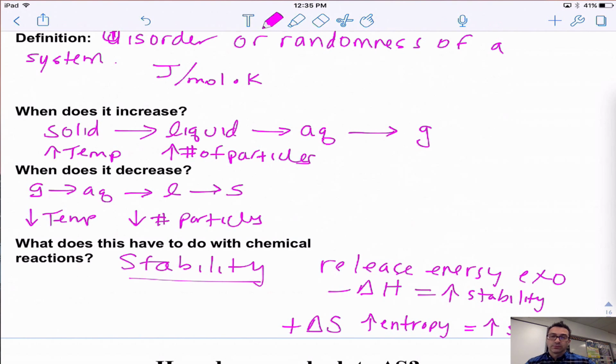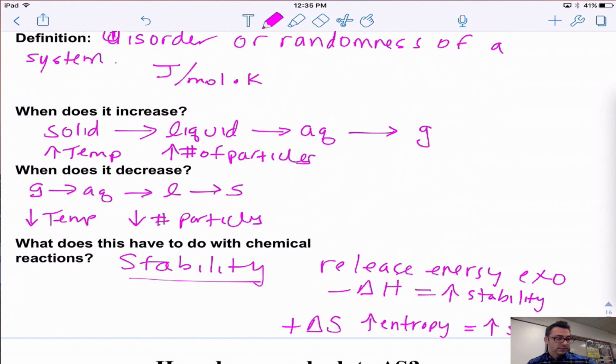What we're going to work with is, what happens when you have a system that doesn't have an increase in entropy? Is the reaction actually going to occur? It turns out there are ways to measure this, equations that we can use, and we can determine, will the reaction occur? Will it occur at all temperatures? We're going to do that during the next video.